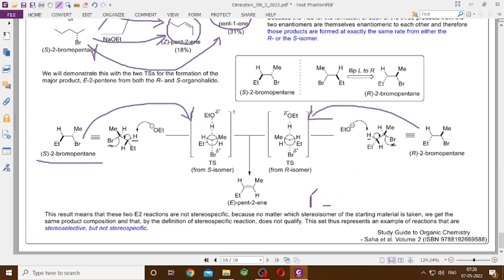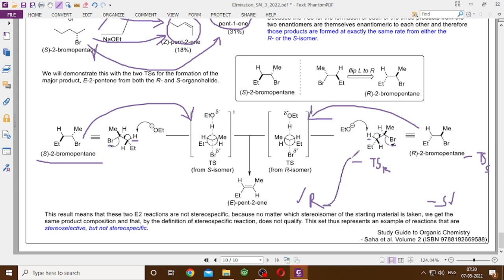So you have this R and you have this S. You have this transition state from R, and you also have this transition state from S. R and S are enantiomers, so their energy is the same. TSR is the non-superposable mirror image of TSS, enantiomeric to TSS, therefore their free energy is also the same.